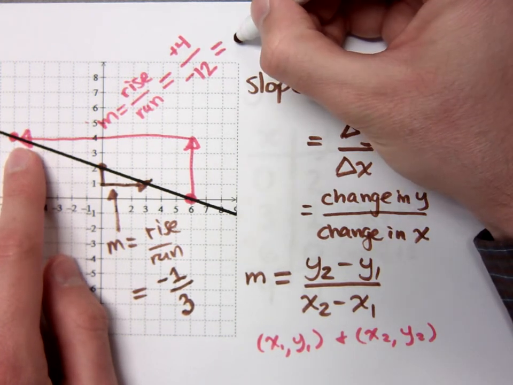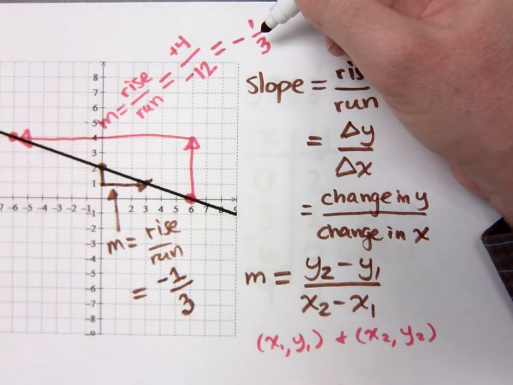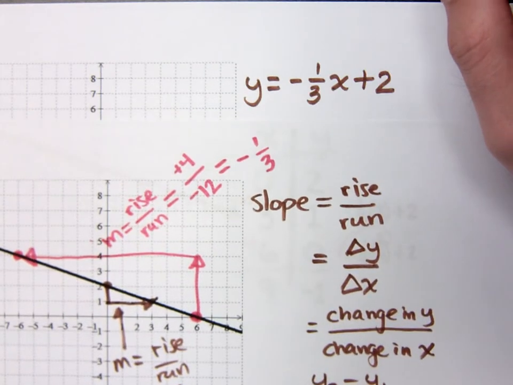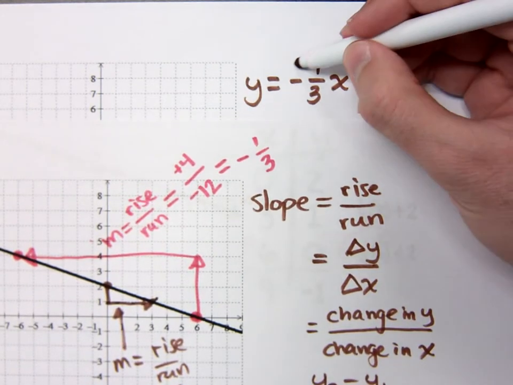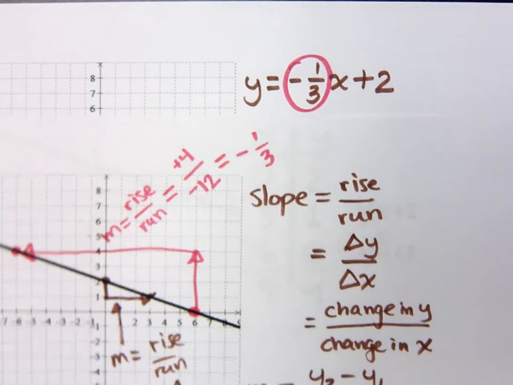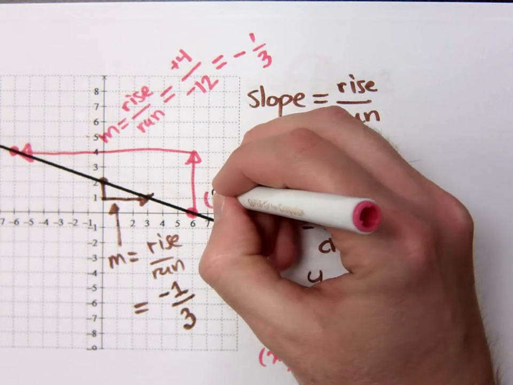What's your sign? Negative 1/3. Have we seen the -1/3 anywhere? Oh, goodness. You think there's a connection between those two? Maybe? Yeah.